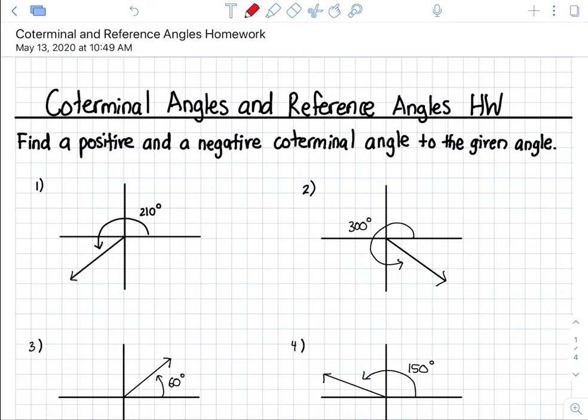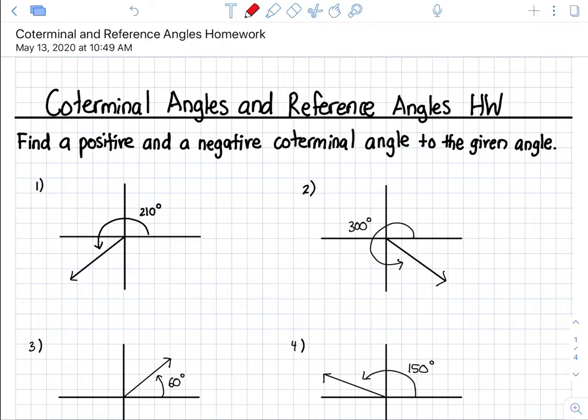If terminal side means where the angle ends, then coterminal angle, with the prefix co, means you're trying to find another partner that also ends at that angle. So right here, you have to find one positive and one negative.